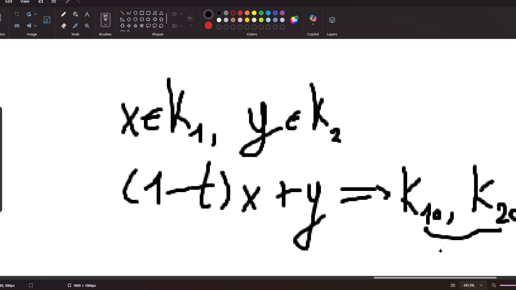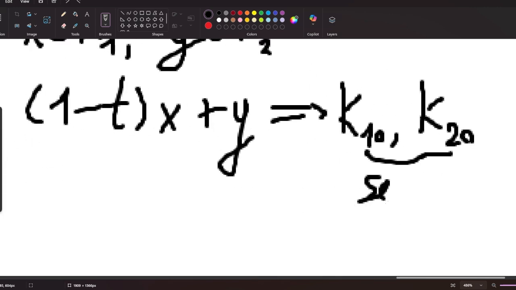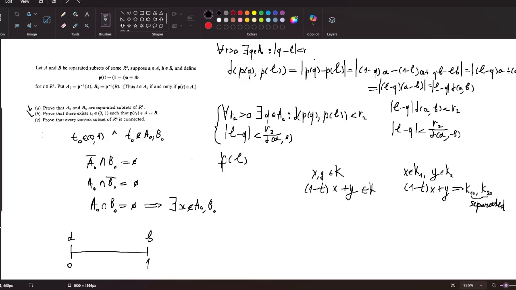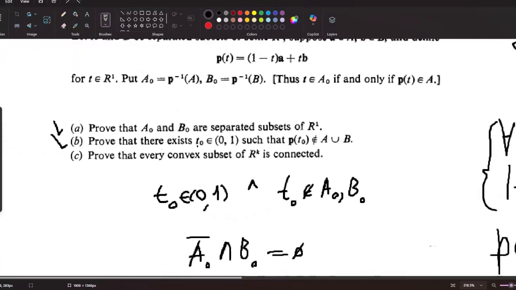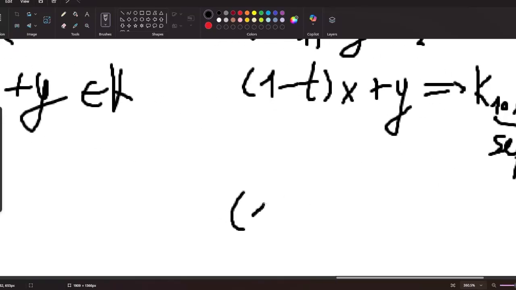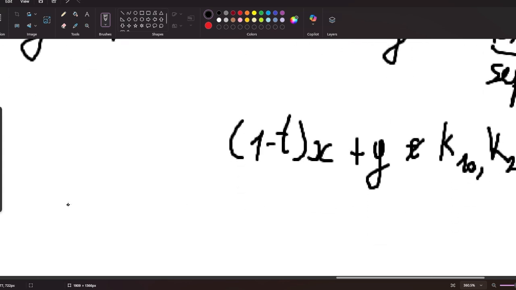Those are going to be separated. And another thing is that there's going to be a point where (1 minus t)x plus ty does not belong to K1_0 or K2_0.